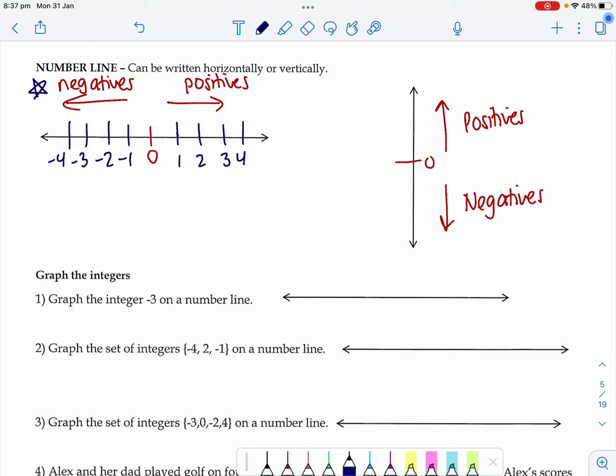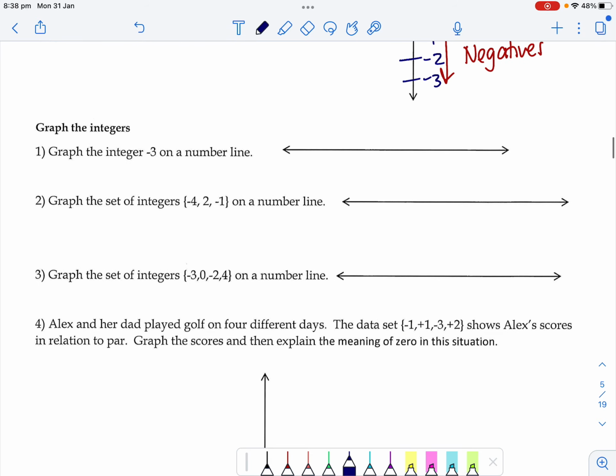On my vertical number line, positives are going to go up, so 1, 2, 3, and then negatives are going to go down, so -1, -2, -3. And your opposite values, so 1 and -1, should be the same distance away from 0 on that number line.